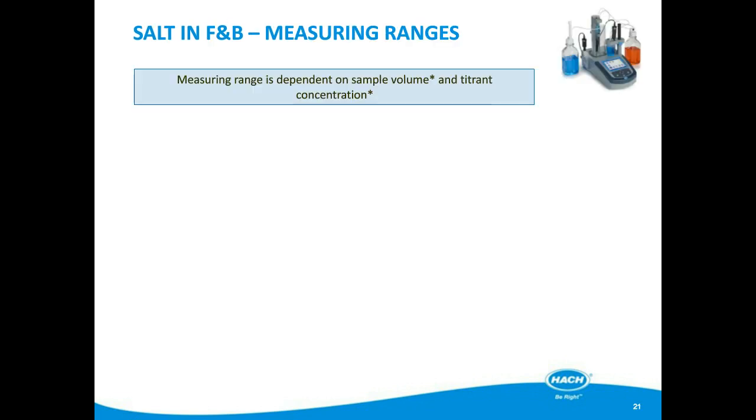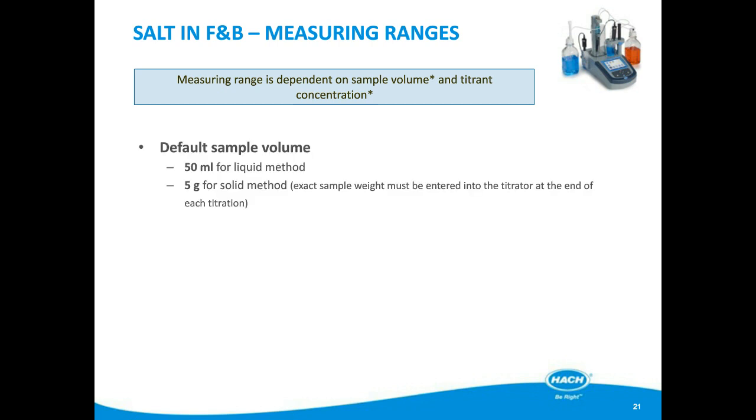Regarding measuring ranges, the measuring range is always dependent on sample concentration, sample volume and titrant concentration. But by default, with our default methods, we use a sample volume of 50 milliliters for the liquid method, and 5 grams for the solid method.